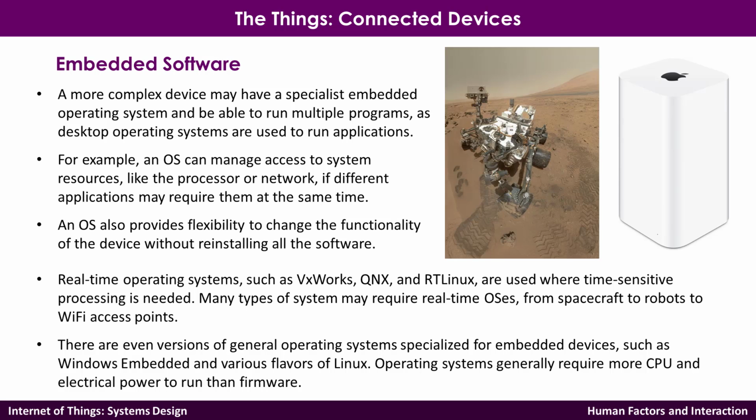Operating systems typically provide flexibility to change the functionality and recover in some fashion, unlike embedded software. For example, if you have an operating system, you can upgrade it without flushing it out and completely installing the new software.